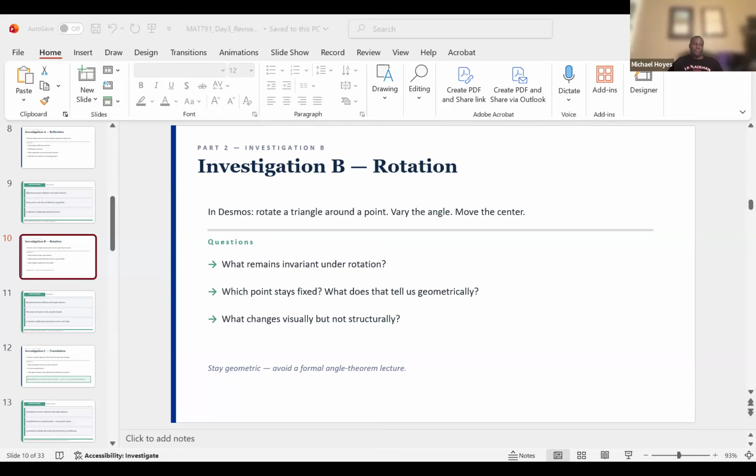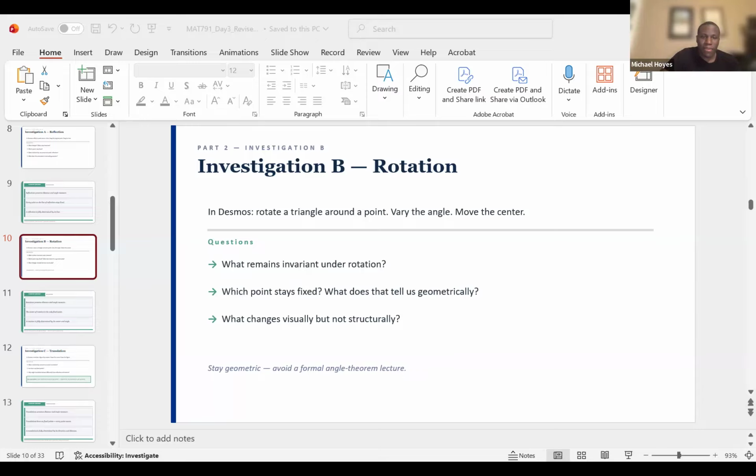And what about points that are on the center of rotation? Well, they stay the same, right? I would hope. You've got a point spinning in a circle, it's still itself, still sitting there.